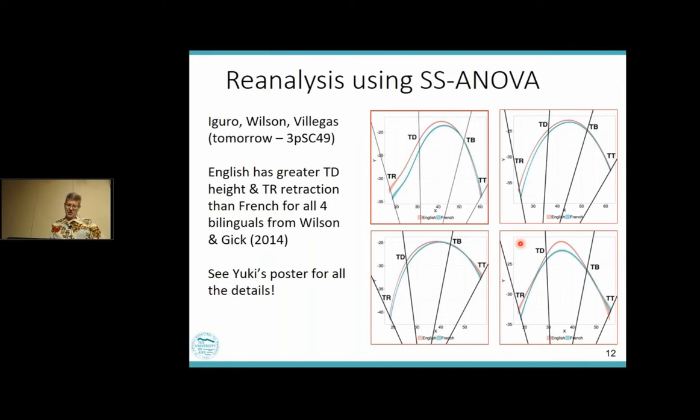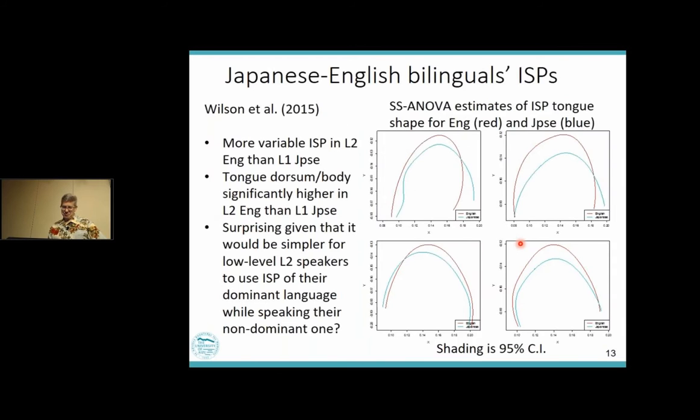And English, I won't steal Yuki's thunder, but I'll just tell you that English had a greater tongue dorsum height and tongue root retraction than French did for all 4 of those bilinguals who were perceived to be native in each of their languages. So this was interesting. Using this method, we were able to find out something that we had not found out before using the other measurement method. And you can go and see Yuki's poster for all the gory details. Okay.